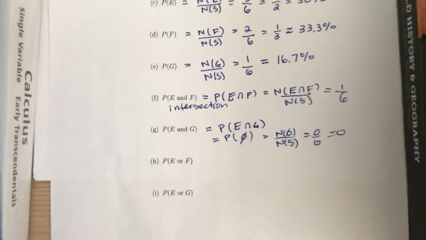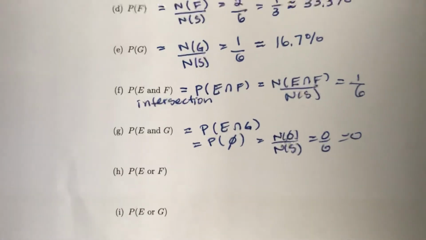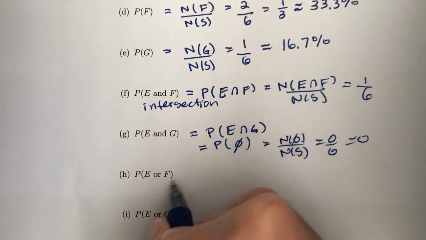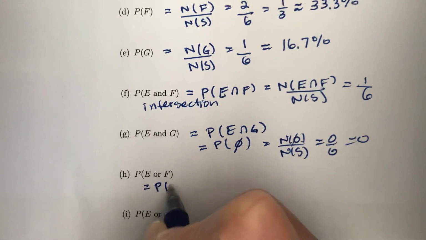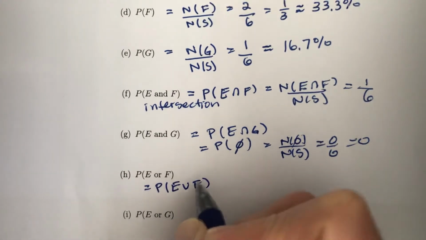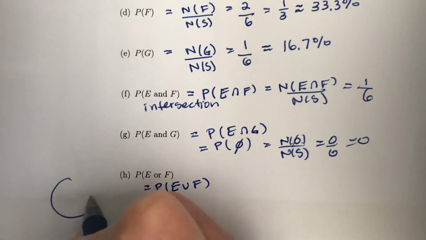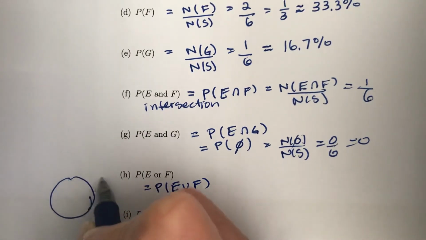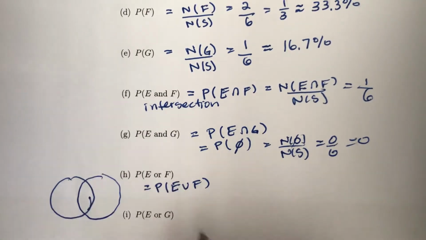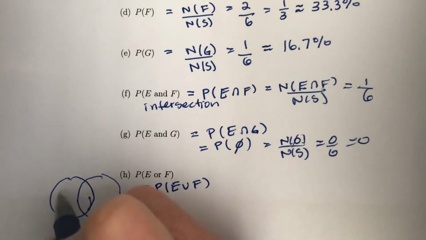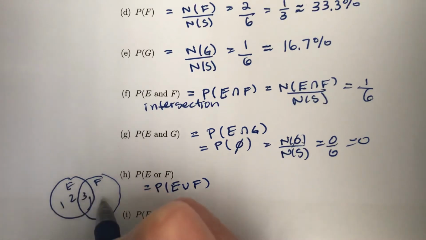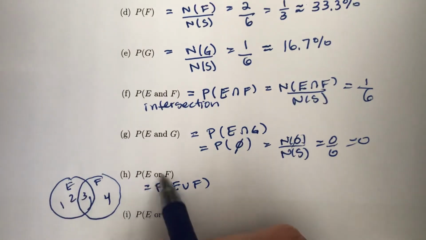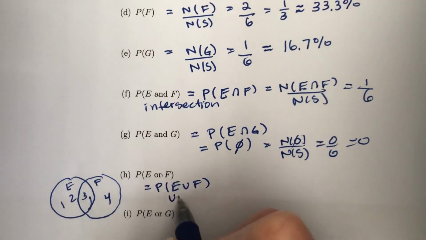Okay, so now let's go on to E or F. That's the probability of E union F. And since I can't get both of those on my screen, I'm going to rewrite this picture. So here's E, here's F. I have 1, 2, 3, and 4. Or corresponds to union.